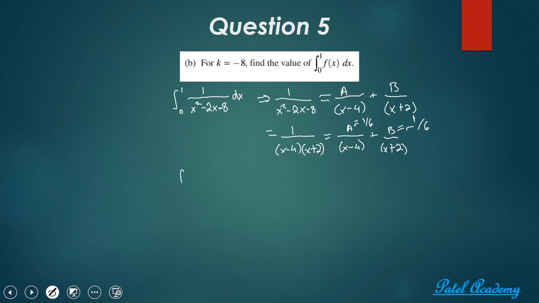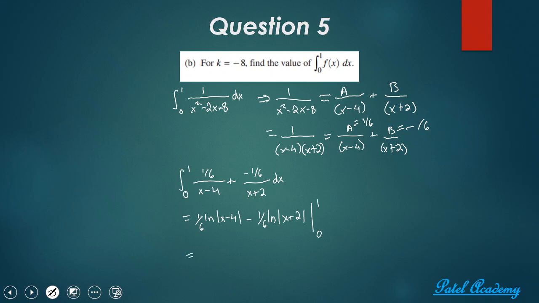So I now have the integral from 0 to 1 of 1/6 over x minus 4 plus negative 1/6 over x plus 2 dx, which is equal to 1/6 times the ln of the absolute value of x minus 4, and then minus 1/6 times ln of the absolute value of x plus 2, and then all evaluated from 0 to 1.